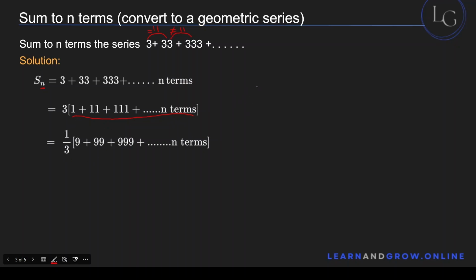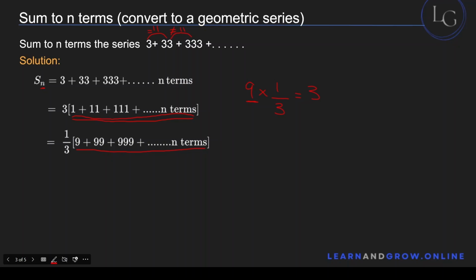Basically, 9 into 1 by 3 is equal to 3. So we'll now replace this 3 by 1 by 3 into 9. We'll take the 1 by 3 common outside and we'll multiply this 9 by this series. So this now becomes a new series, and it goes on till n terms.